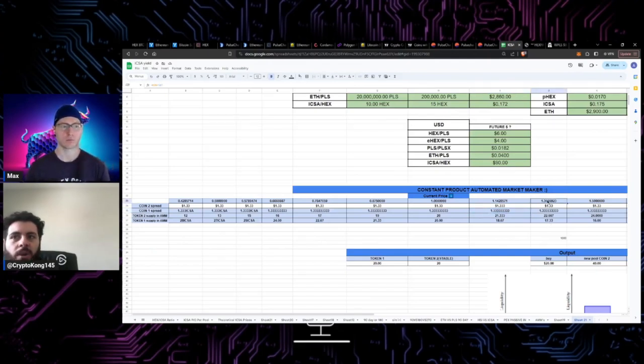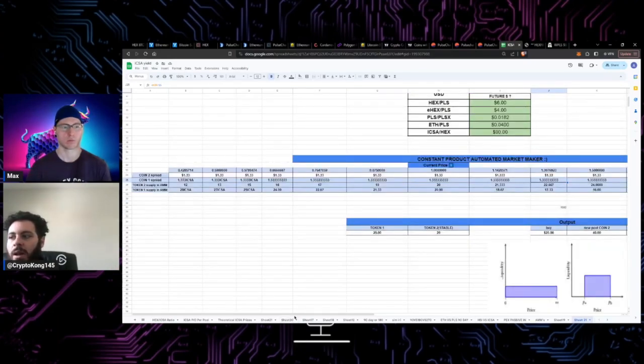And at the next price, 1.3, you have a little bit of coin one and a little bit of coin two sitting in the tick, ready for people to execute that order. And as soon as the coins get purchased, you move up in price. I'll show you how that works here.